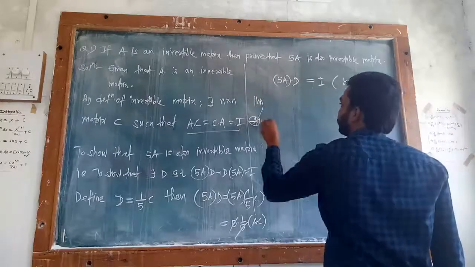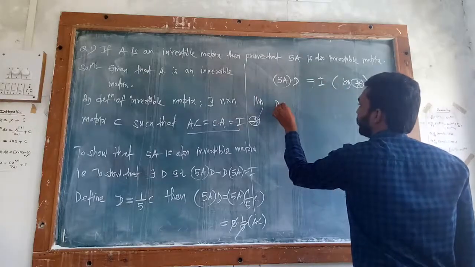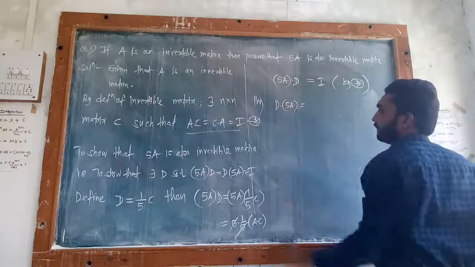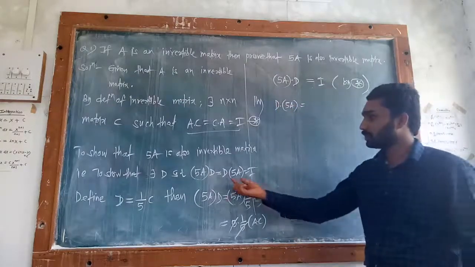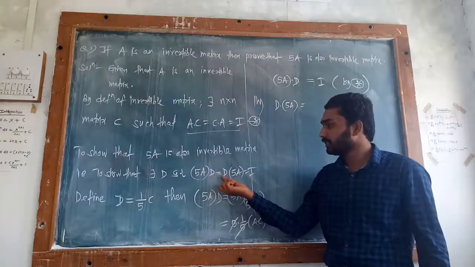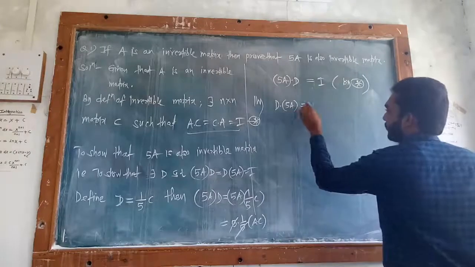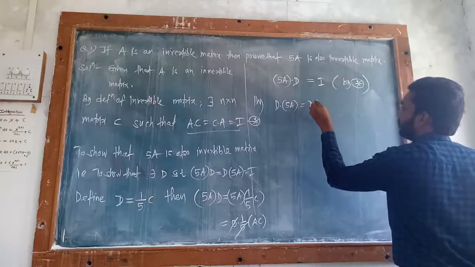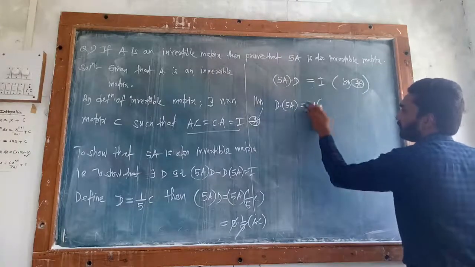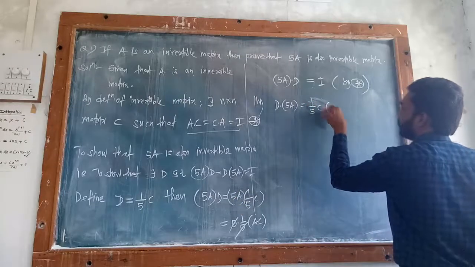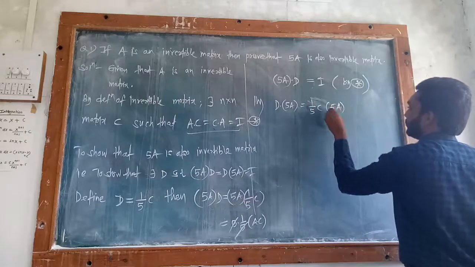Similarly, because we have to show that 5A into D equals D into 5A equals I, now the second part, D into 5A. The value of D is 1 upon 5 into C, and 5A as it is.